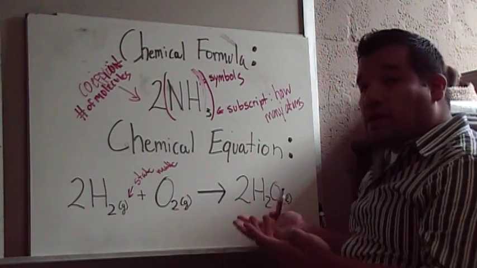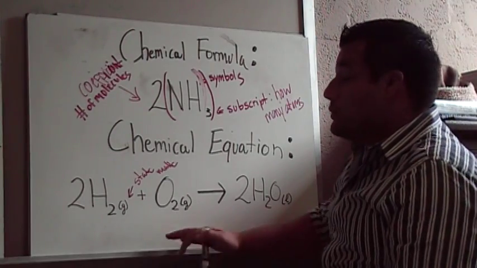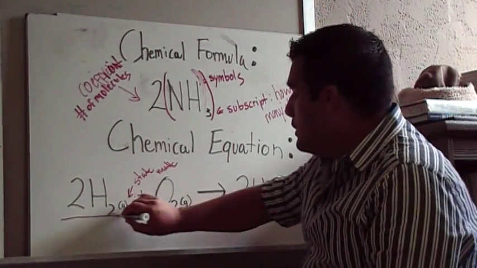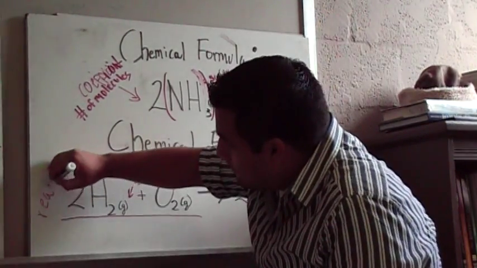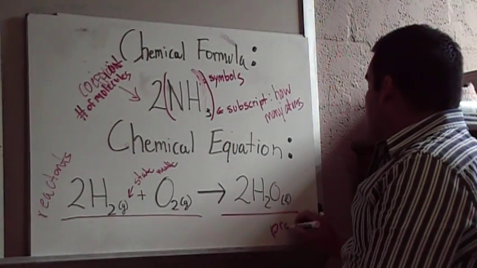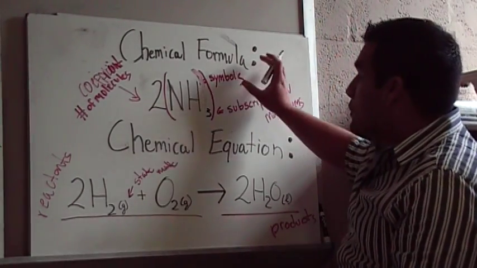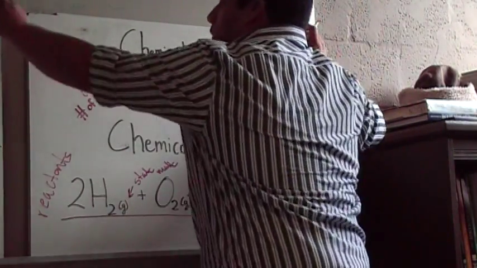When you get into more advanced chemistry classes, you'll see other states of matter. This side is called the reactants. This side, the products. This is just shorthand for what we're going to be looking at later.